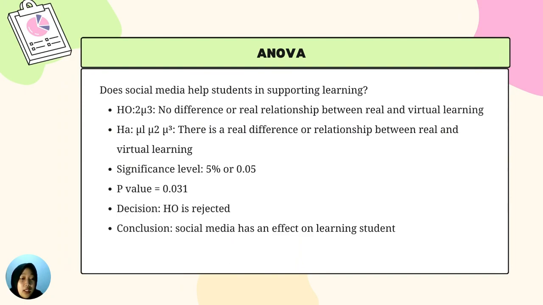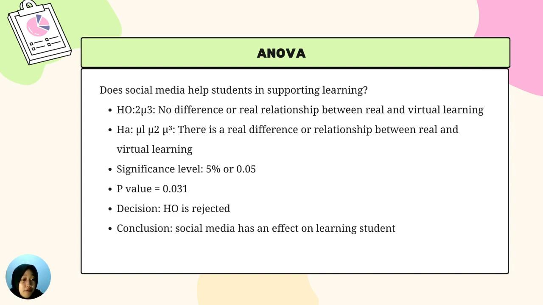And the next question: does social media help students in supporting learning? H0: there is no difference or real relationship between real and virtual learning. And HA: there is a real difference or relationship between real and virtual learning.